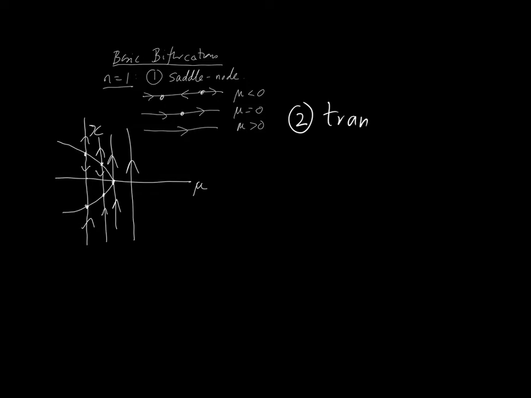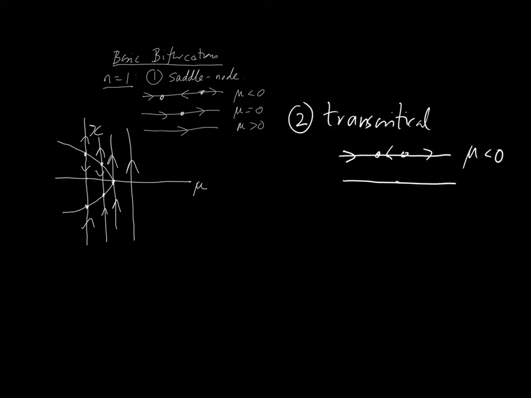The next one is also in n equal to 1, and that's what's called a transcritical bifurcation. In this case, when mu is less than 0, you have two fixed points again, like this, and say this one is attracting and this one is unstable.